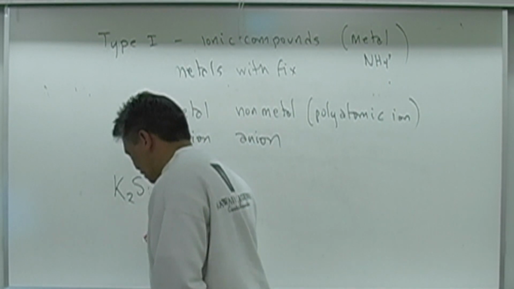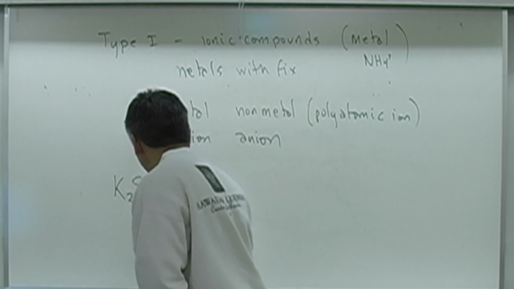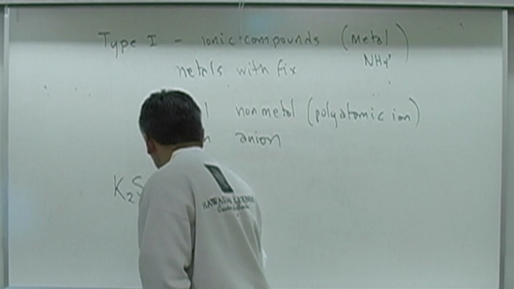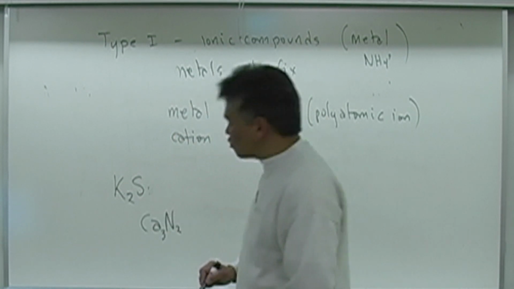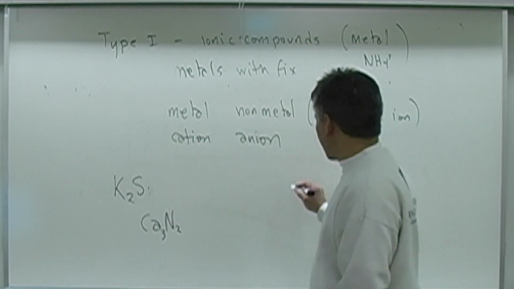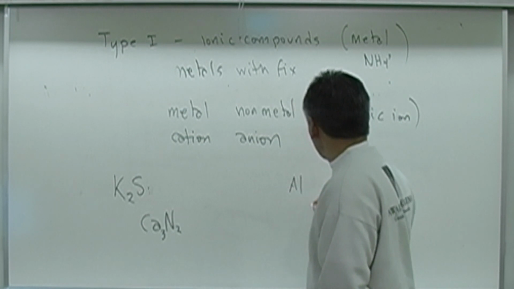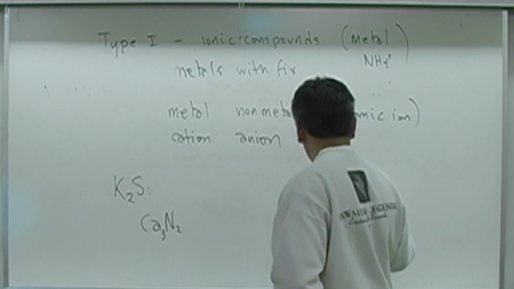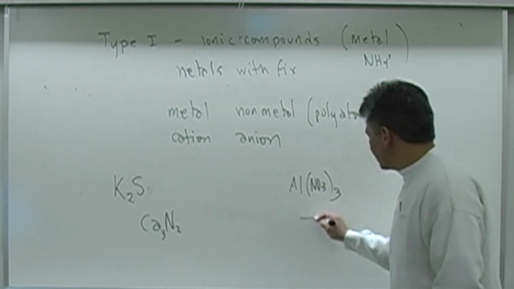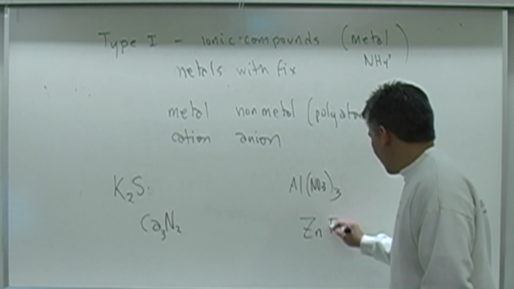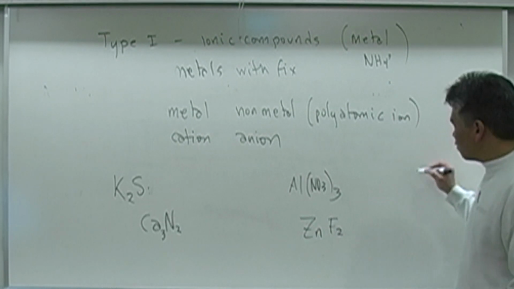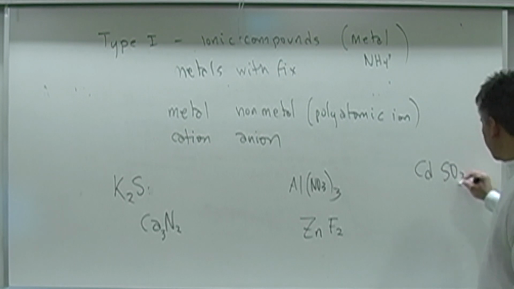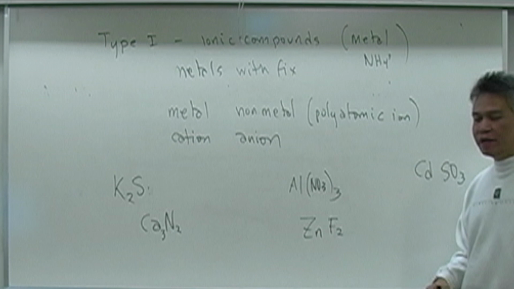Or if I give you another example like Ca3N2, or another example like AlNO3, or another example like ZnF2, or another example like CdSO3, okay? How would we name this?